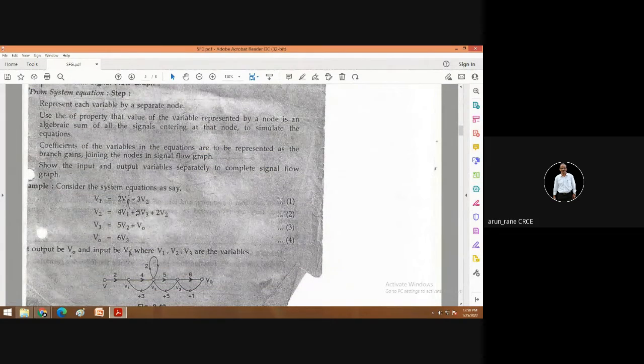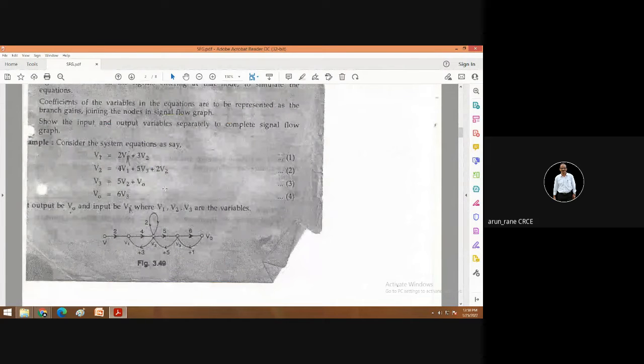So suppose now, how to obtain the signal flow graph. Now these system equations are given, V1, V2, V3, VO. Input is VI and output is VO, and these are the values of the system variables: VI, V1, V2, V3, and VO.